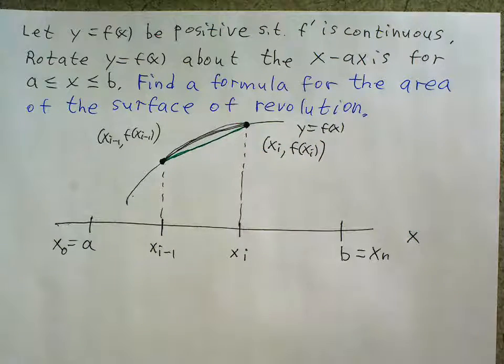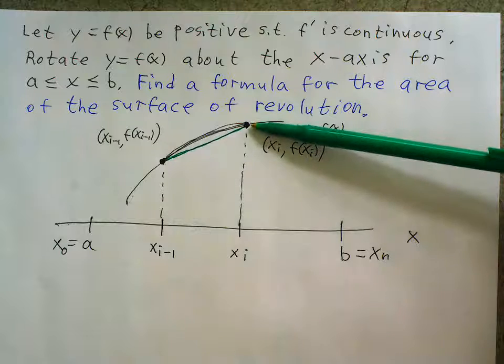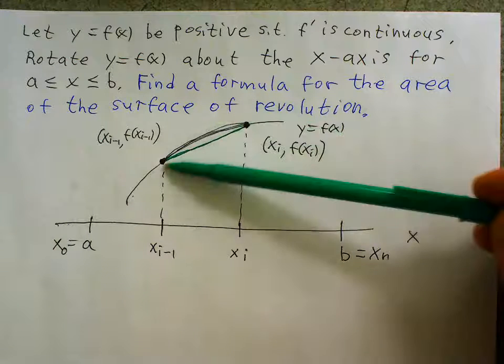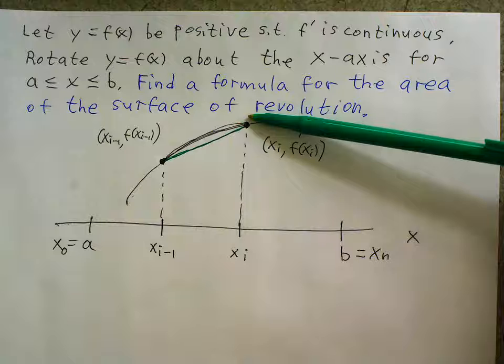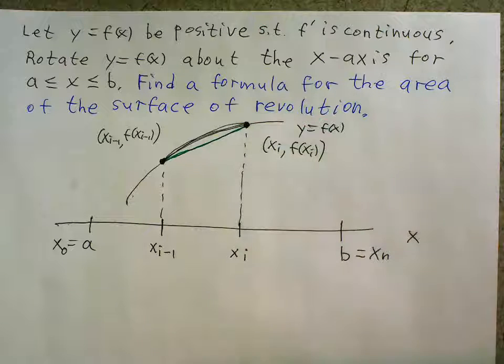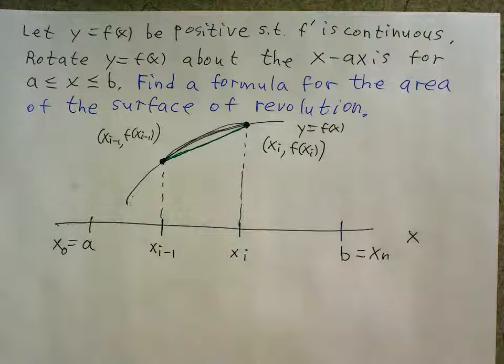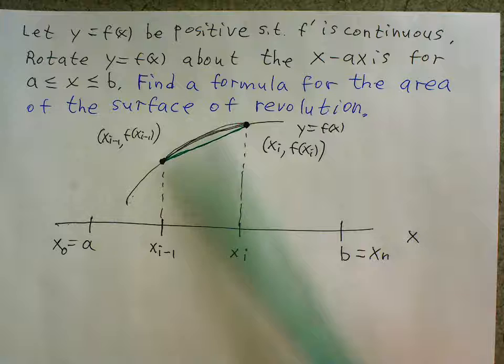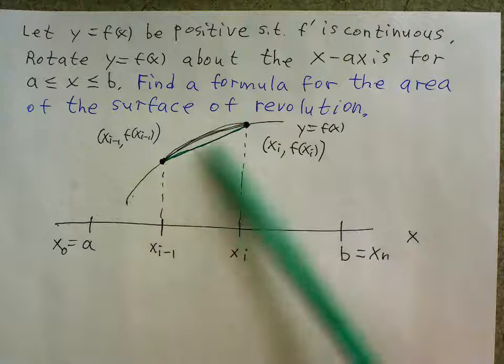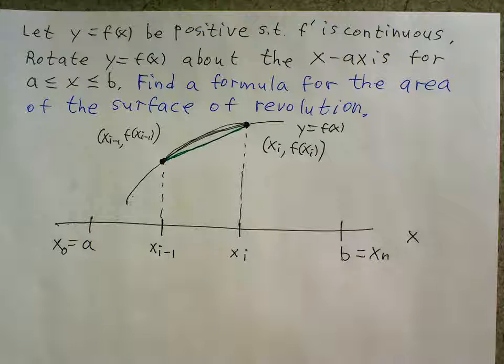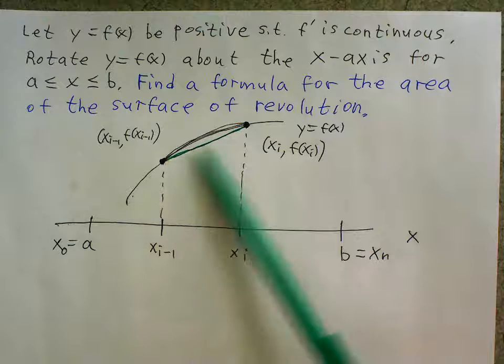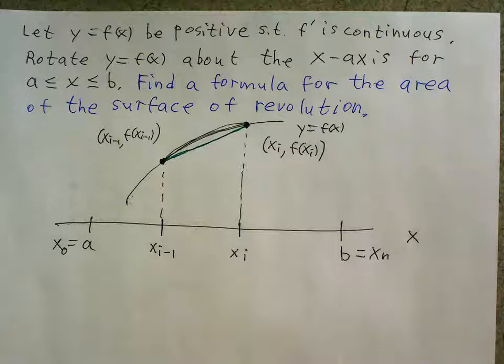so tell me, if I rotate both the curve and this line segment about the x-axis, so one complete revolution around, well, let's ignore the curve f of x and just focus on the straight line. So what sort of figure is going to be formed by rotating this line segment about the x-axis?